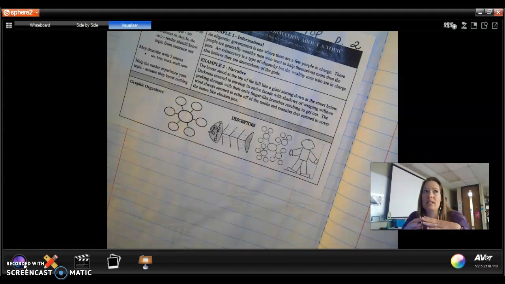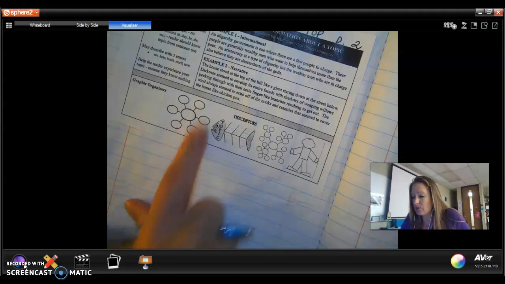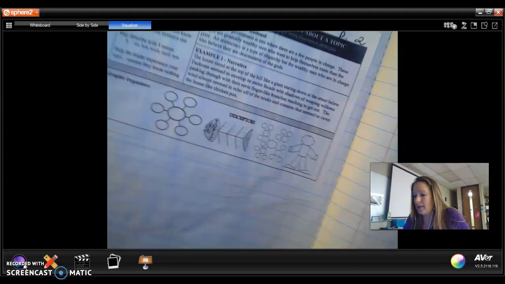Oh, now I'm doing sequencing, which graphic organizer do I need? Sometimes one can work. You just change if it goes this way, or this way. So that could be something to think about as we go through here. So I'm going to go ahead and use this one here. I am going to do the beach.